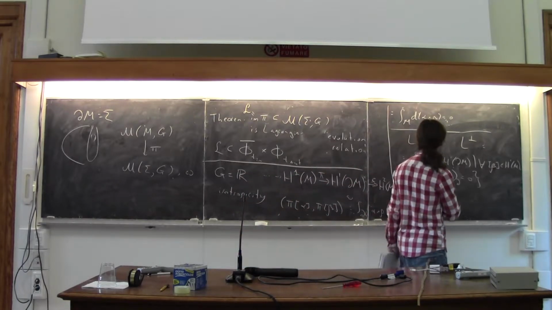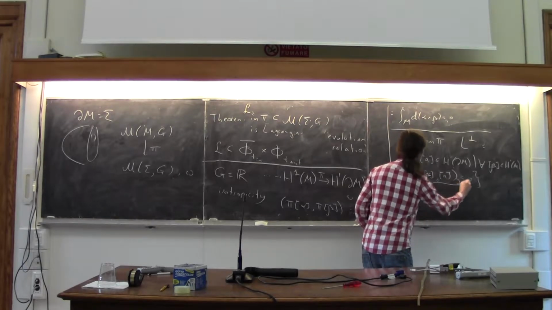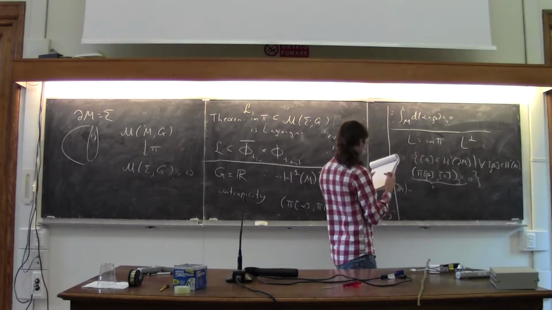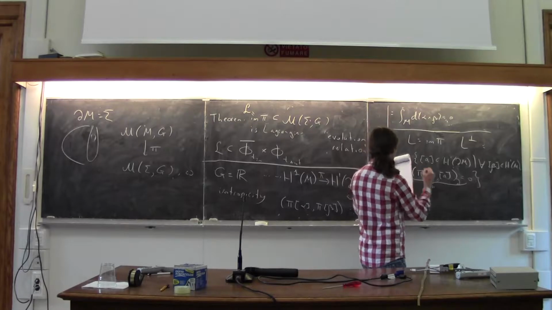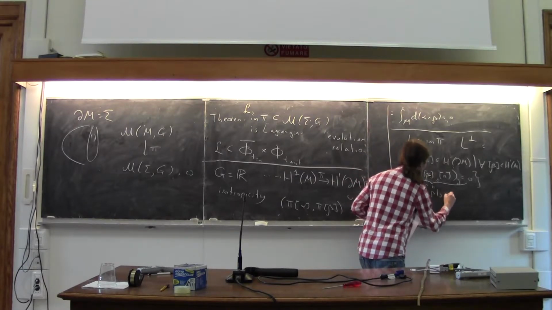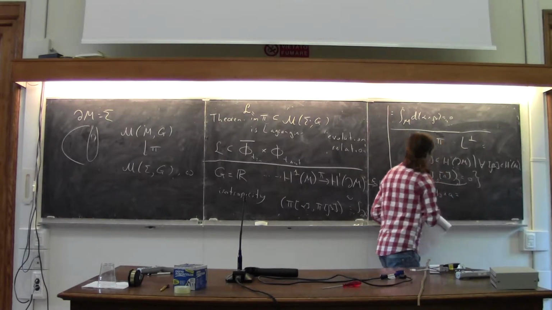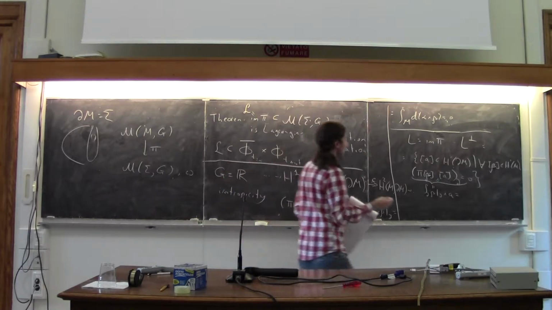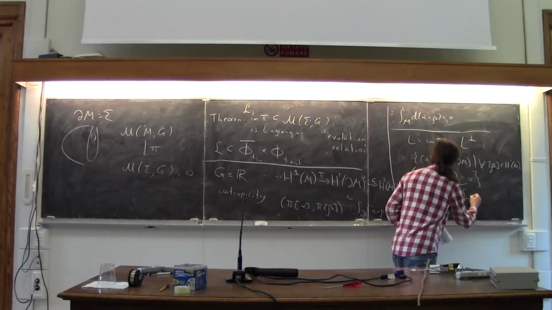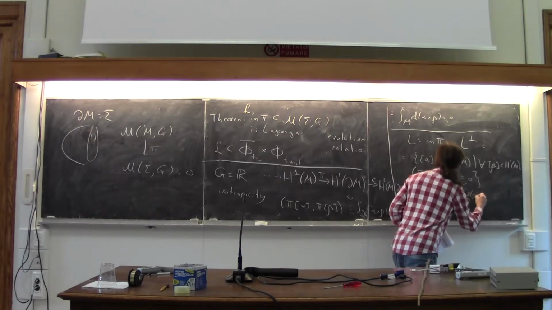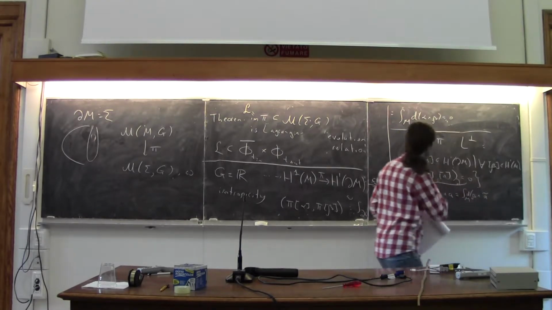Right, so let me calculate this object. First I should rewrite this expression. This is an integral over the boundary of beta restricted to the boundary wedge A, which can be rewritten using again Stokes' theorem as the integral over the whole M of the differential of beta wedge some extension of A into the bulk.